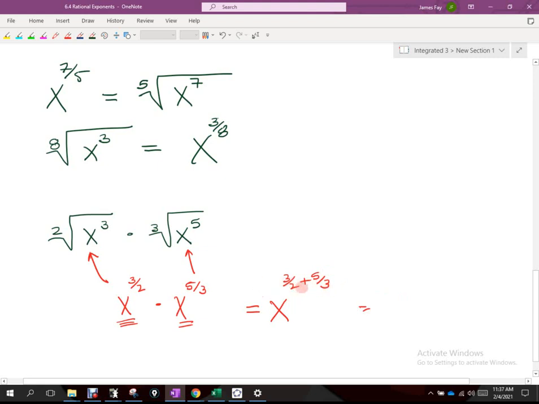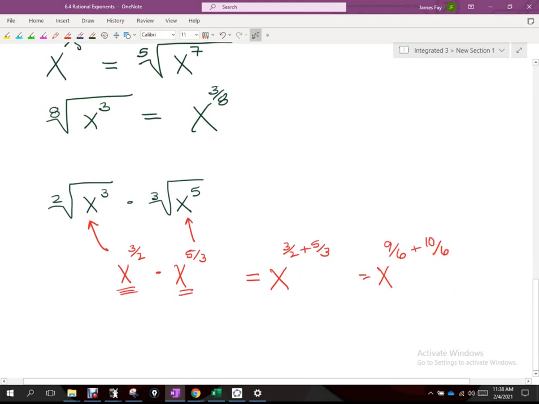So 6. The fastest way to find a common denominator is just take your denominators and multiply them together. So if that's going to become a 6, I need to multiply it by 3, so I need to multiply the top by 3 as well. So 9/6 is the same thing as 3/2. What do I need to multiply this one by? 2. So it's going to give me 10/6.